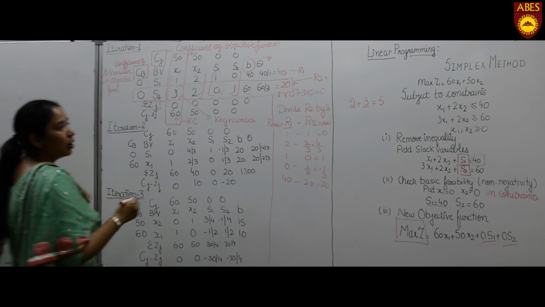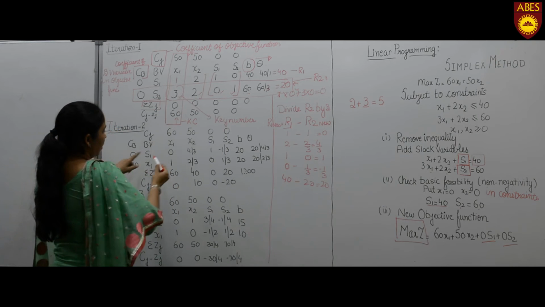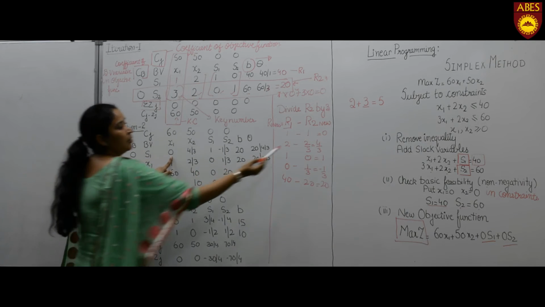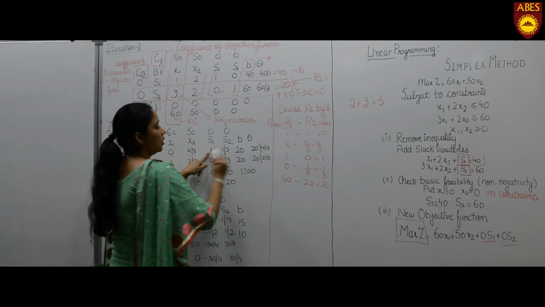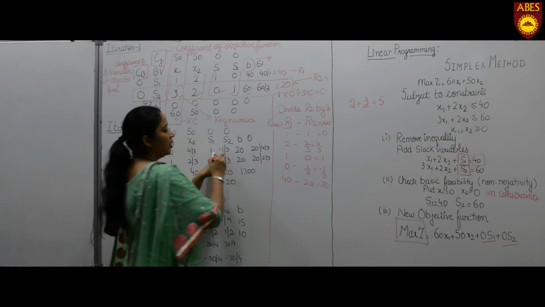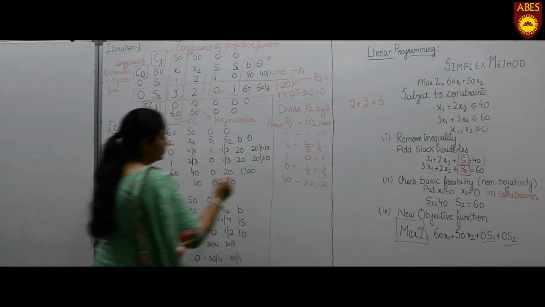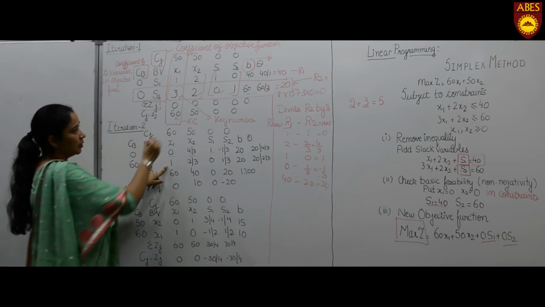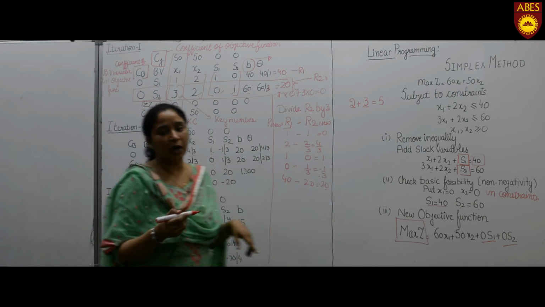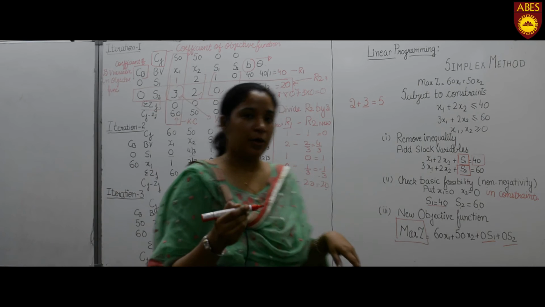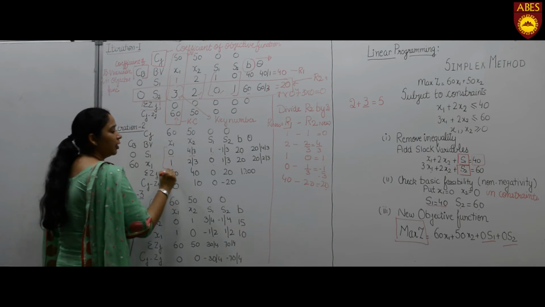Now we write all these new rows over here: new R1 is 0, 4 by 3, 1, minus 1 by 3, and 20. New R2 is 1, 2 by 3, 0, 1 by 3, as we have divided our R2 row by 3. Now, in this second iteration, we have a new body.